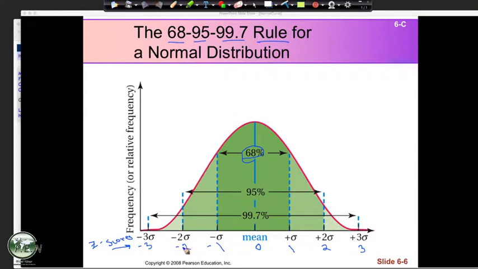If your score is between -2 to 2, 95% of your data is going to be contained there. This is -1 to 1. And then if you're from -3 to +3, I should put the word 2, you're going to have 99.7.